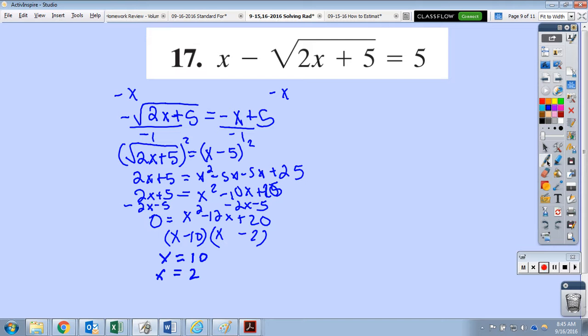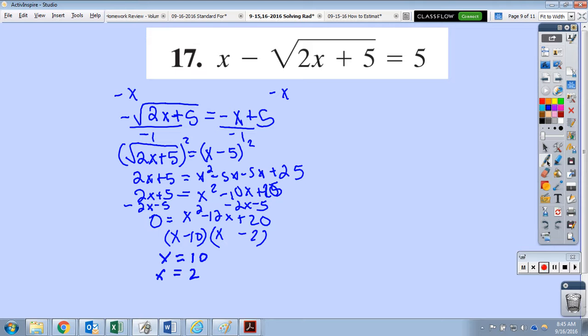Okay. So the first thing she did was subtract x from both sides. If you subtract x from each side, you would arrive at this line here. Does everyone see that? And then, instead of having negative root 2x plus 5, we decide to have just the positive root.